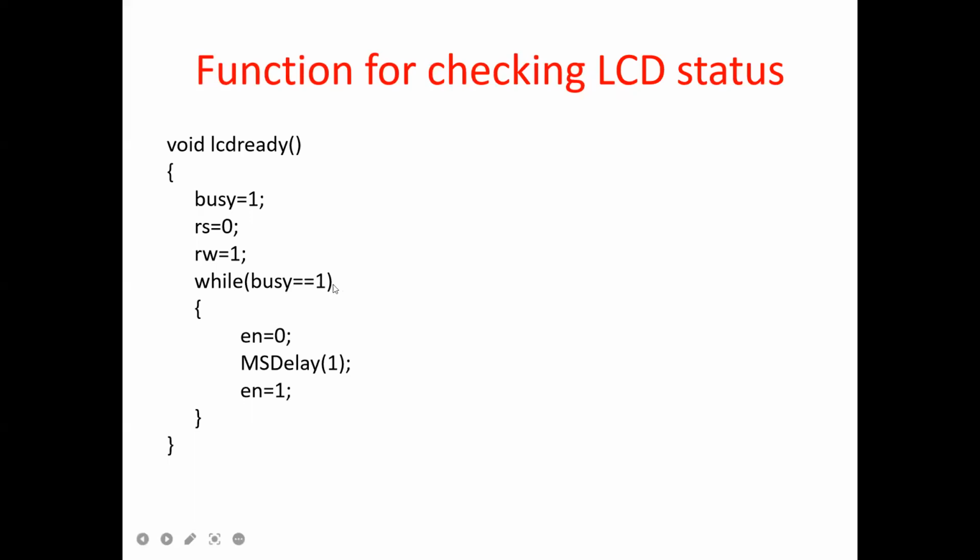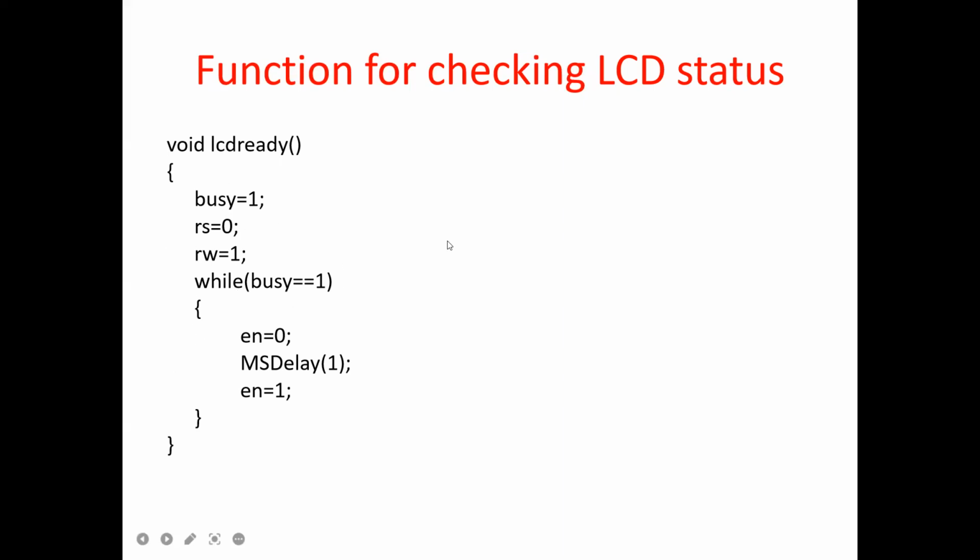Whenever busy is equal to 0, meaning the LCD is free, it will come out of this loop and the function will be over. Whenever this function is called, the program control stays in this function until busy equals 0. Whenever your LCD is busy, the function will be running continuously.